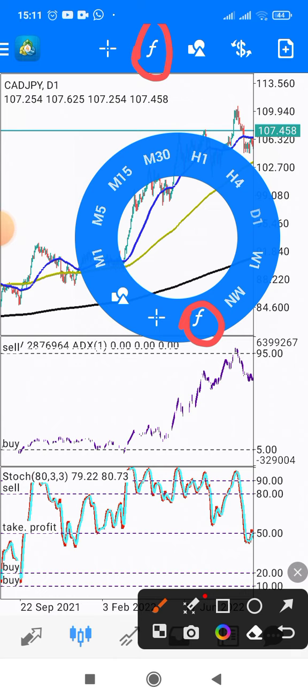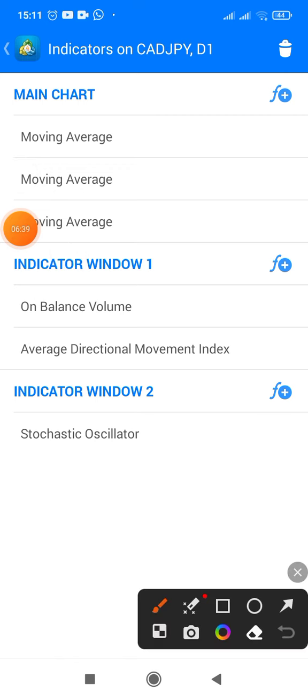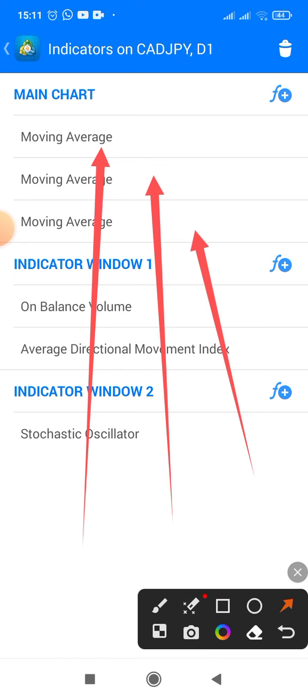You press it, then you are able to insert the first moving average, then the second, then the third. But first you have to press this F button.